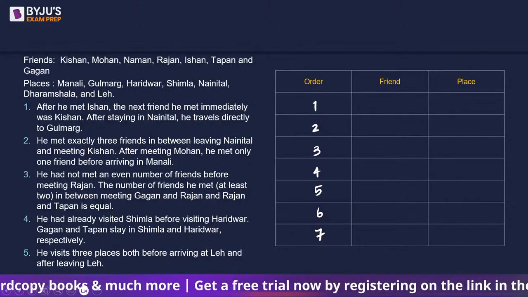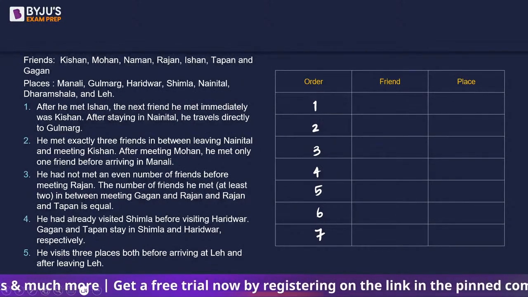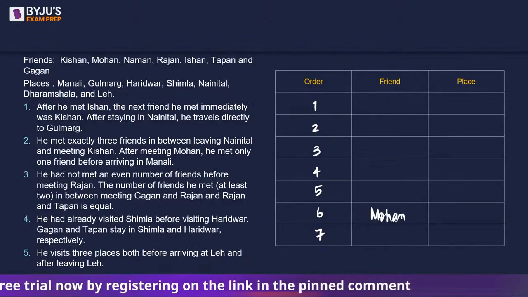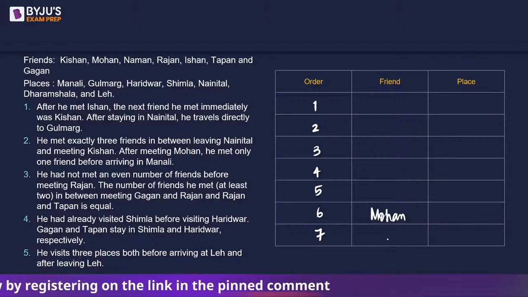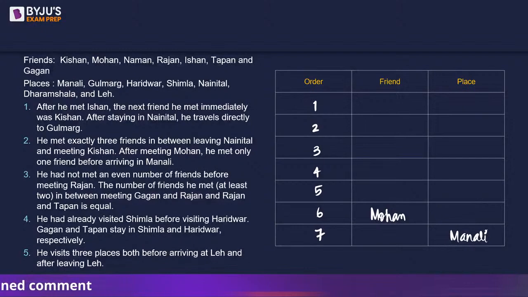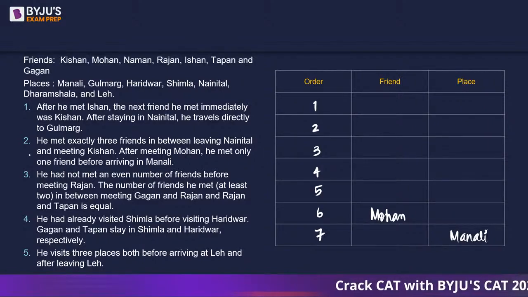So, can we say Mohan was the second last guy, such that after meeting Mohan, he met only 1 friend? Before arriving in Manali, that would mean last city was Manali. Think about it. Right?